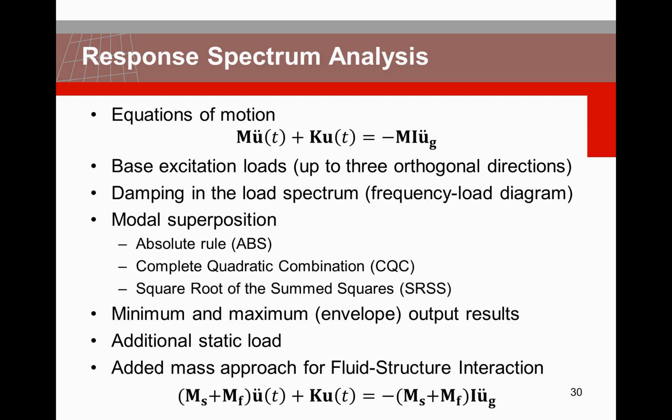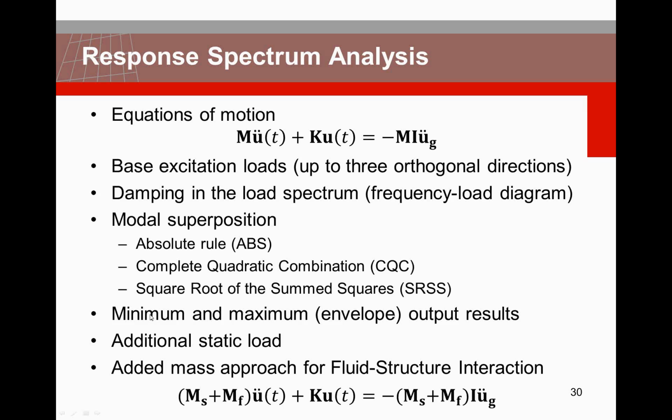So they add a correlation coefficient between modes, and if modes are far spaced from each other, the correlation coefficient is nearly 0, which leads to an SRSS kind of solution. For all modes that are closely spaced, there will be an absolute superposition rule. So the CQC results are always between the absolute rule and the square root of the sum of squares rule. Depending on your model code and your national guidelines, you are probably set to use either CQC or SRSS.